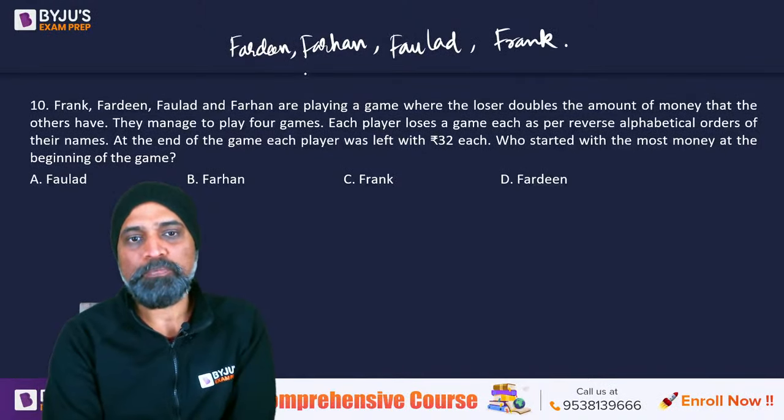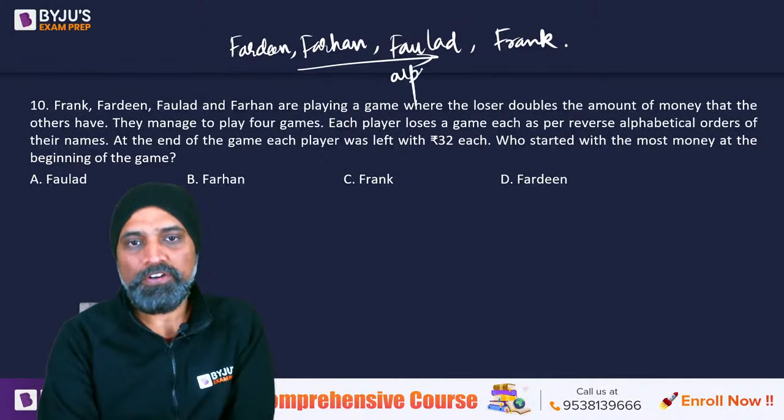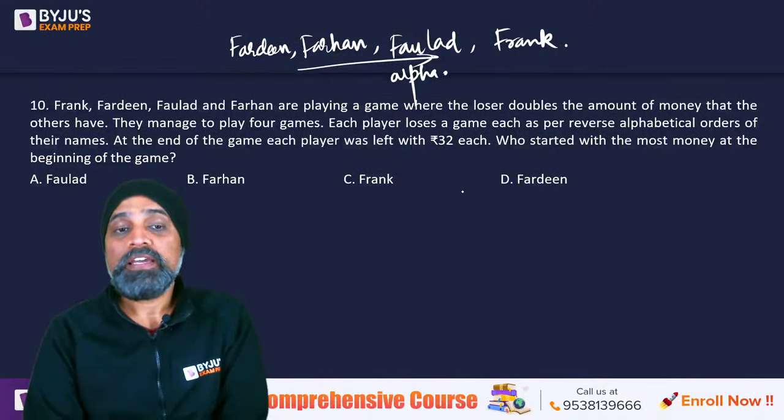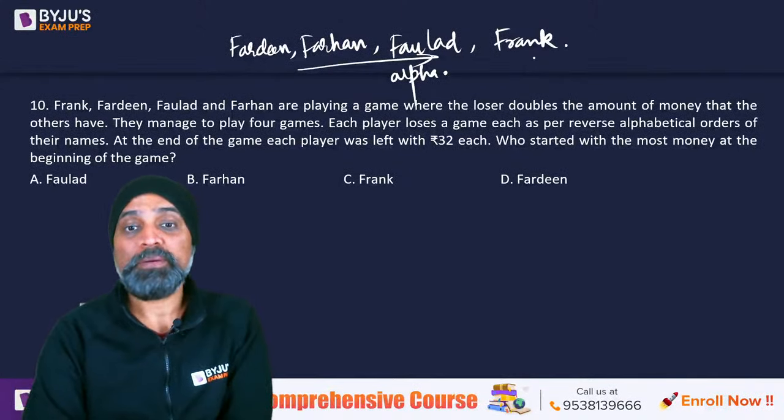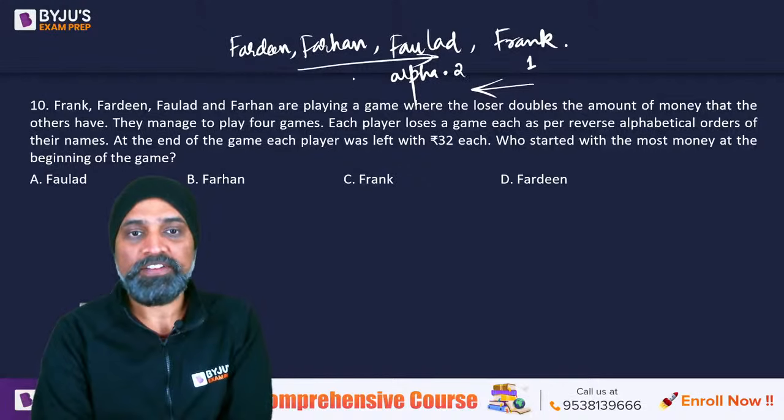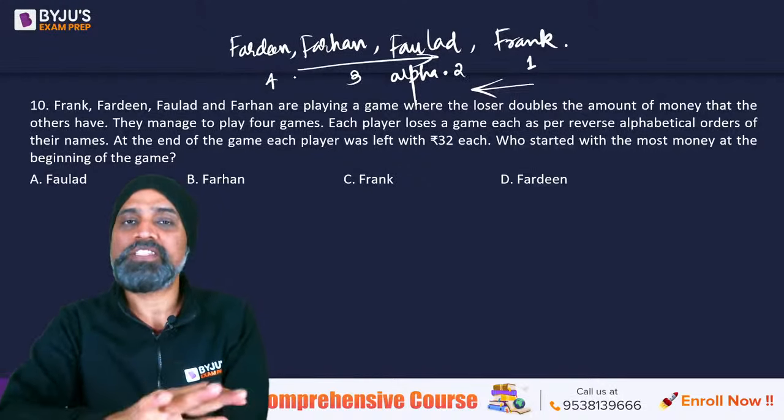So this is the proper alphabetical order of their attendance roll call. Question says they lose a game as per reverse, as in Frank lost first, then Fawad, then Farhan, and then Fardeen. Fardeen was the last guy to lose.